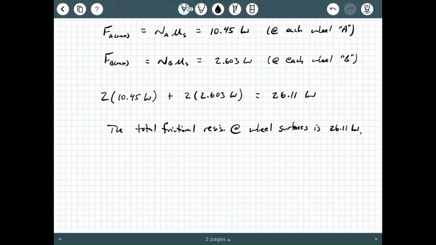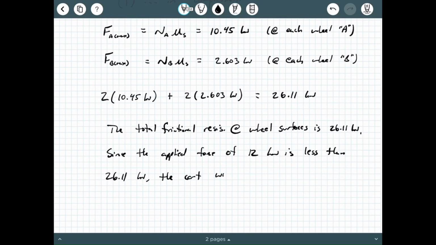And so my question then for you to think about, does the cart move or not? So we're going to say since the applied force of 12 kilonewtons is less than 26.11 kilonewtons, the cart will not move.